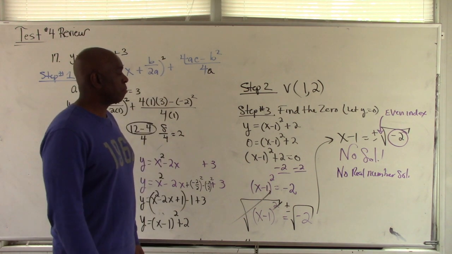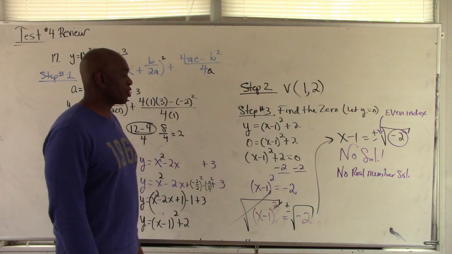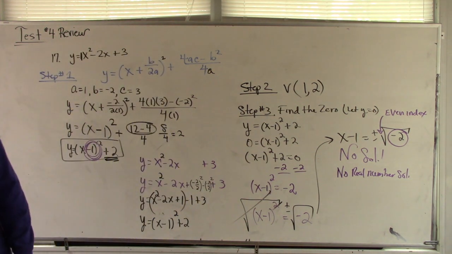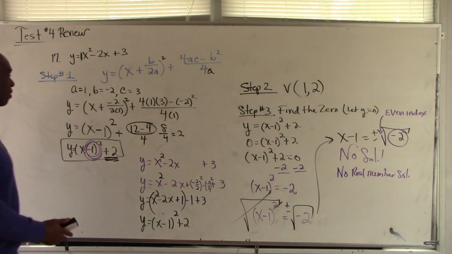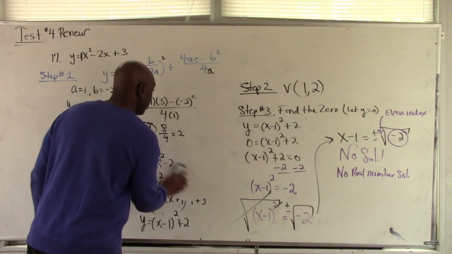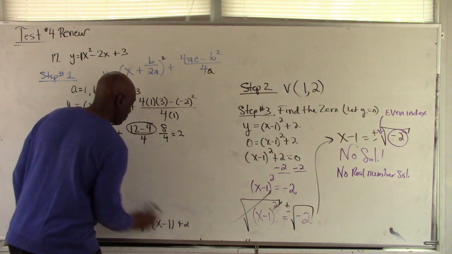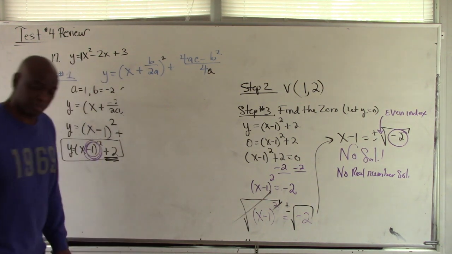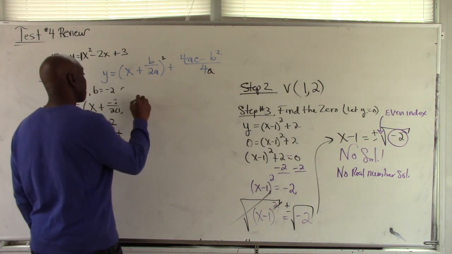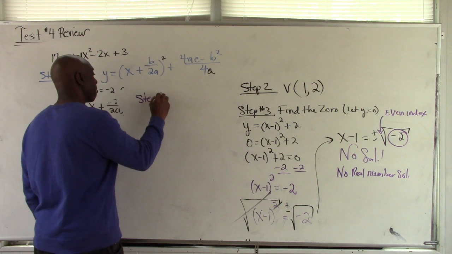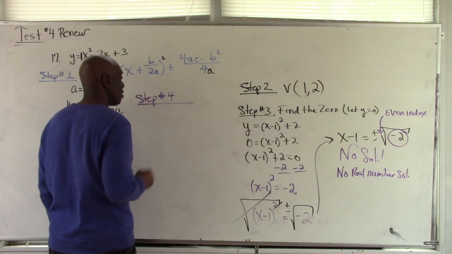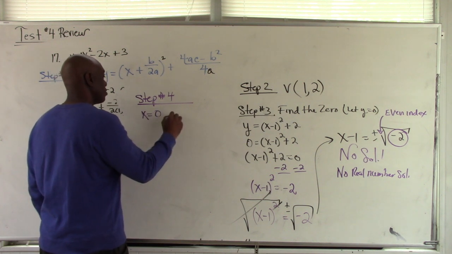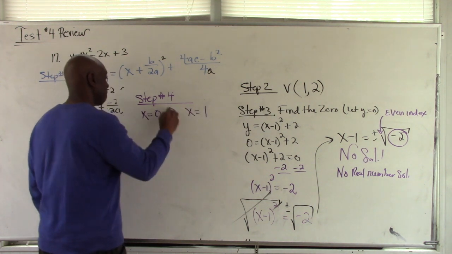That's it for that. Then it says find 2 additional points. That's step 4. Did they give us the points? No, we just have to find the points. All right, step 4. Let's find 2 additional points. So we're going to let x equal 0, let x equal 1.